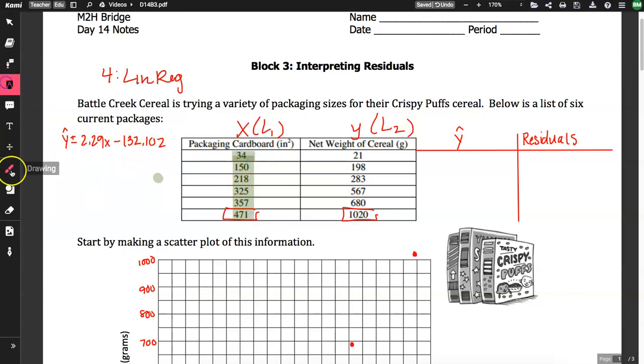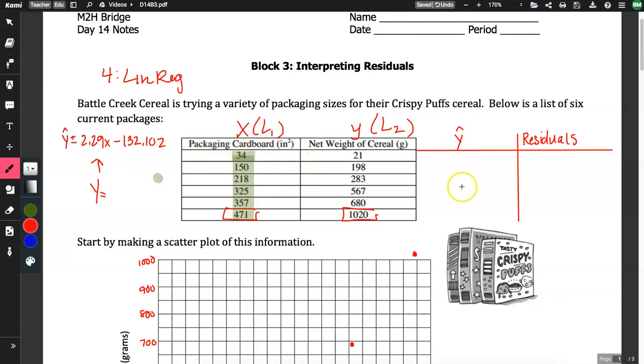I need you to do that first on your own to get all of the y hats. What you could do is type this equation into the y equals screen, like when you're graphing the line, and use the table or trace button or the calculate button to plug them in, or you can just do them one by one. It doesn't take that long.